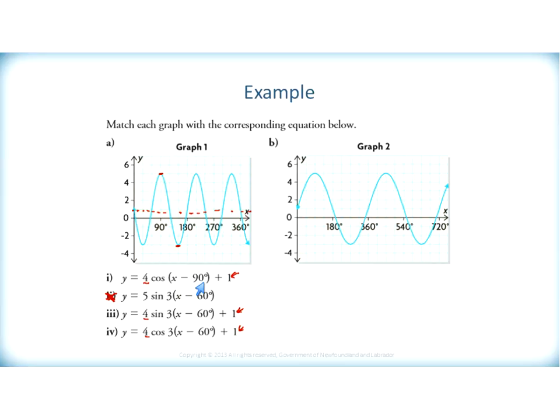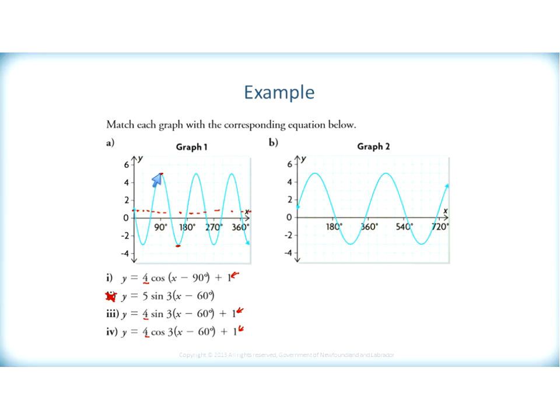For cos, if I'm looking at the first one, 90 degrees will be its maximum. That is correct. And now we have to check for the period.